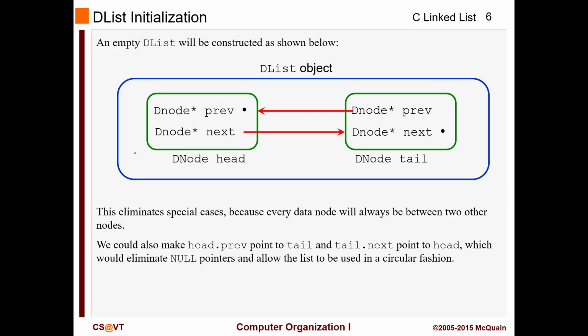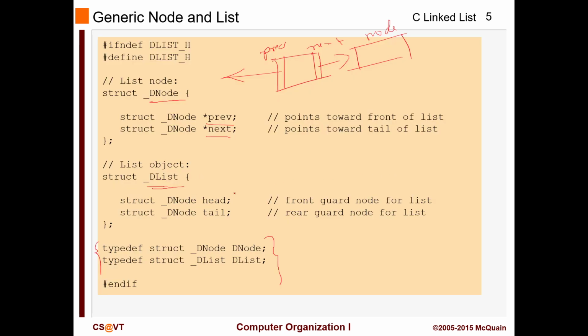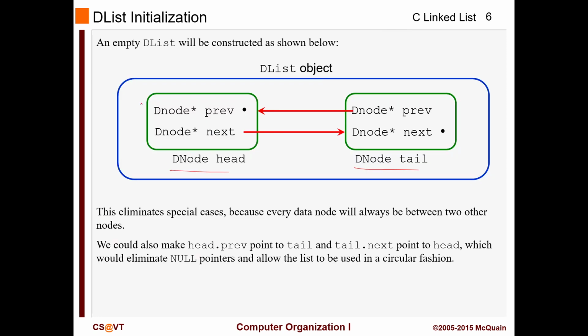So this is what the initialization looks like. We have a DLNode head and a DLNode tail, as you have seen over here. Head is a type of DLNode, tail is a type of DLNode, and this belongs in an object of DList. So the whole object is DList. It has two, DLNode head and DLNode tail, and you know that DLNode has a DLNode pointer previous and a DLNode pointer next.